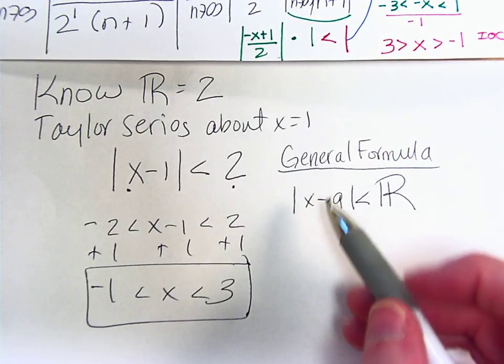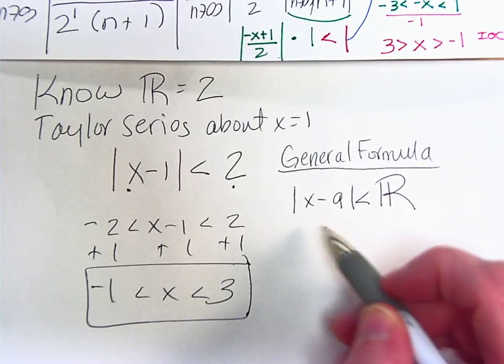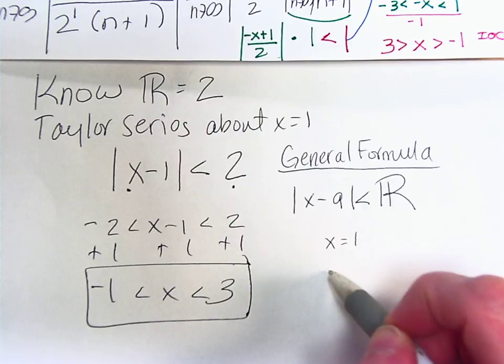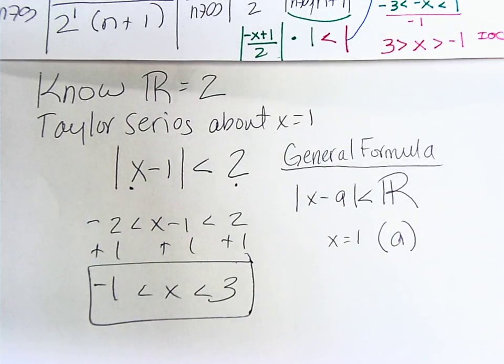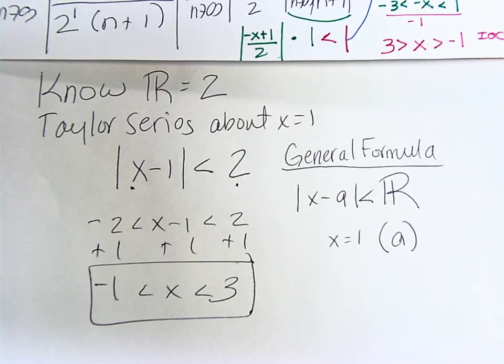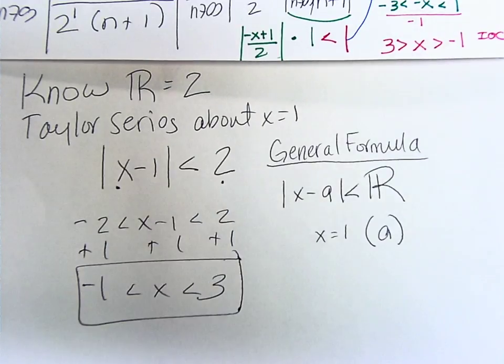And you're told that it's a Taylor series about x equals 1. So when they say x equals 1, what they're really giving you is a. Are we done with that one? Yes, sir? Okay. Thankfully, the next two are pretty quick.